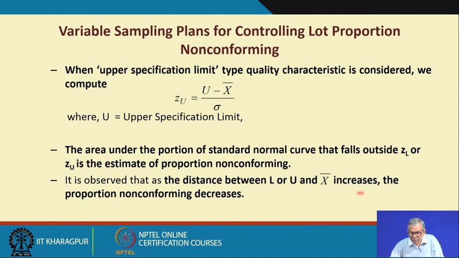That's why the proportion non-conforming decreases. The logic is made very clear: if the distance between L and x bar or between U and x bar increases, the proportion non-conforming decreases.